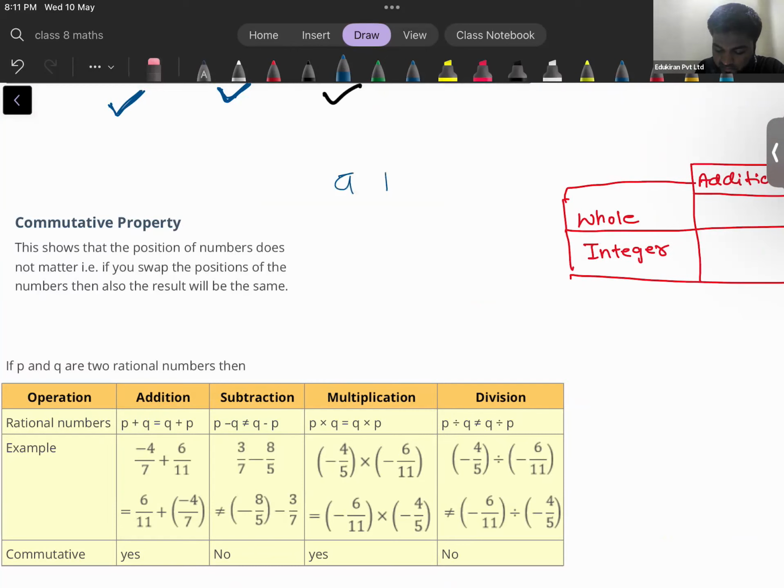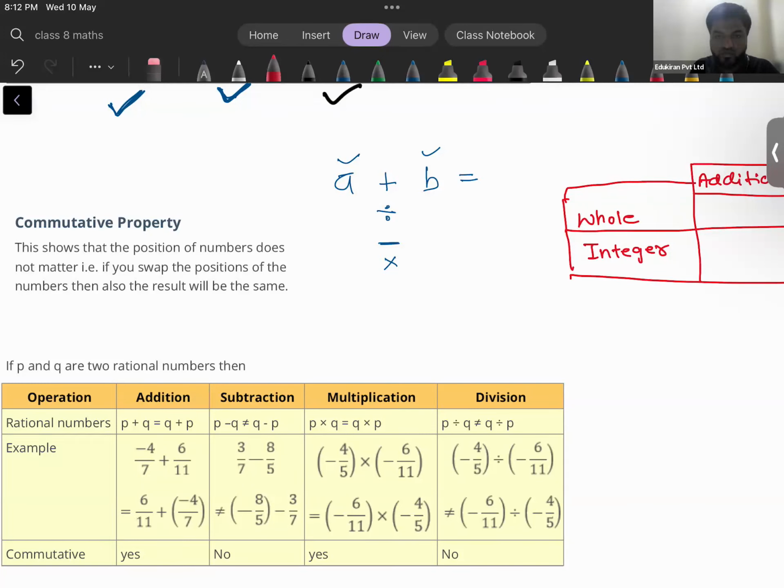Let's say we take integers or whole numbers, A and B. And if you perform any operation on these two numbers, whether we add them, divide them, subtract them, or multiply them, and we get a value of the same type as A and B, then we would say it is following the commutative property. Is it so? Actually there's a twist here.